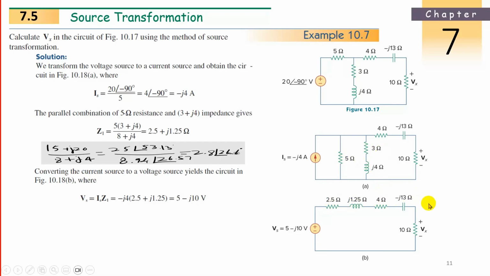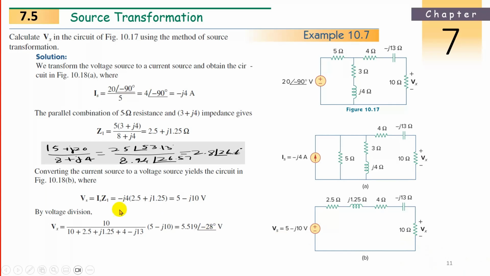Now the remaining is untouched. The remaining is the same. Now what we need is Vx, the voltage here. For that, the voltage division rule: the total voltage divided by the total resistance or total impedance, multiplied by that resistance or that impedance, that part only. So that part is 10 ohms only, because it's a resistance.